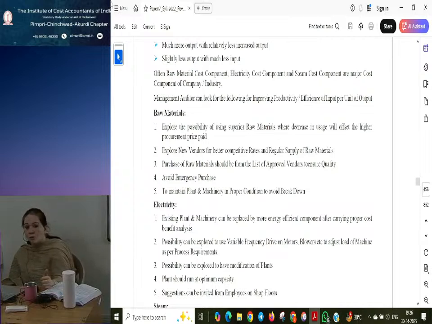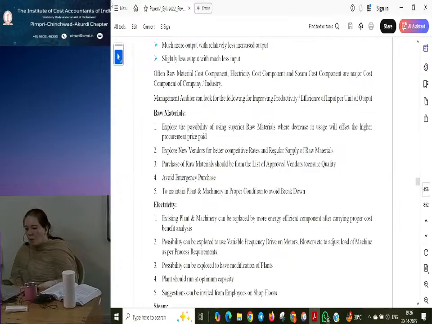And explore new vendors in order to get competitive prices. Then purchase of raw material should be from the list of approved vendors to ensure the quality, because if the quality is going to suffer at the input level, then obviously your output will suffer as well. So the quality of input is very important.